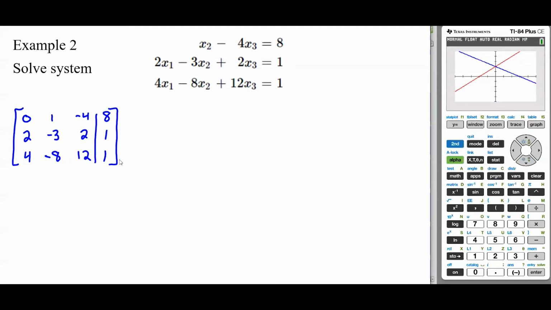So first thing you want to do is get a 1 in this first entry. So how I'm going to do that is I'm going to switch the first two rows. So I'm going to replace row 1 with row 2 and vice versa.